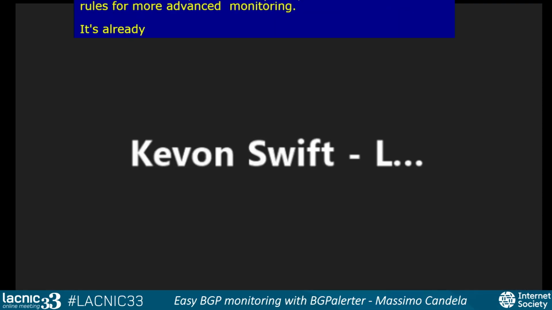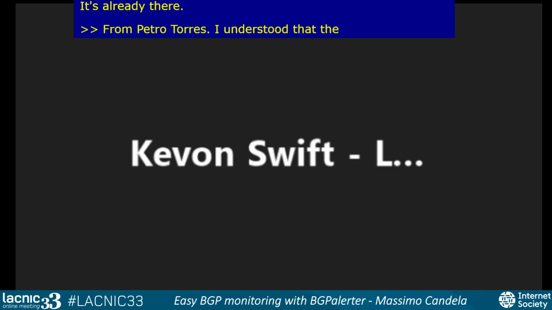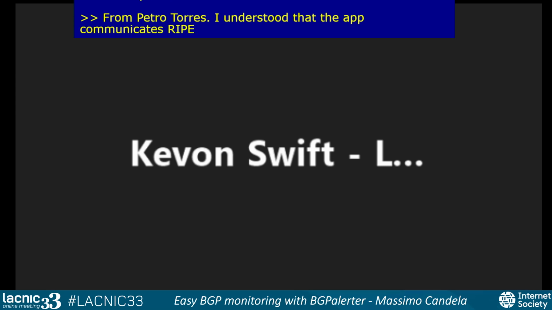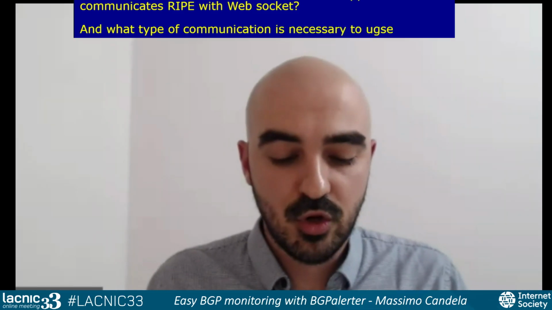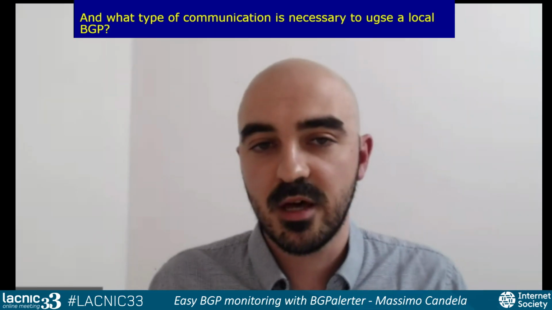From Pedro Torres: I understood that the app communicates with RIPE RIS with WebSocket. What kind of communication is necessary to use a local BGP seed? So yes, it communicates with WebSocket, but there are components called connectors, and these can connect to whatever you want.